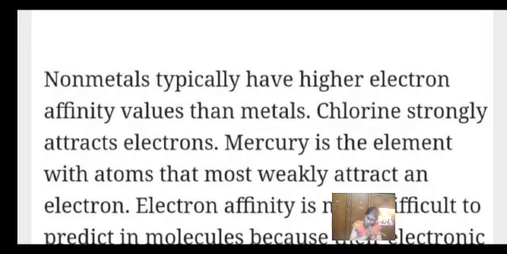Now if we go on considering the trend of the variation of electron affinity in the periodic table, we can finally conclude that chlorine is having the highest electron affinity, or we can say fluorine is having the highest electron affinity, and mercury is having the lowest electron affinity.